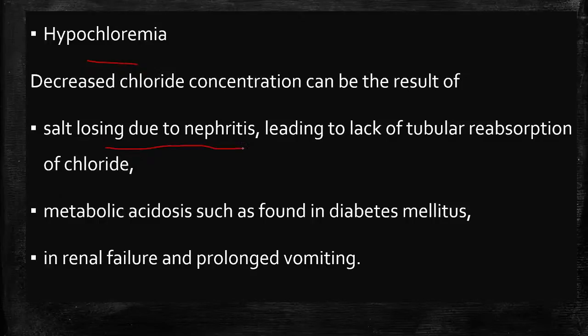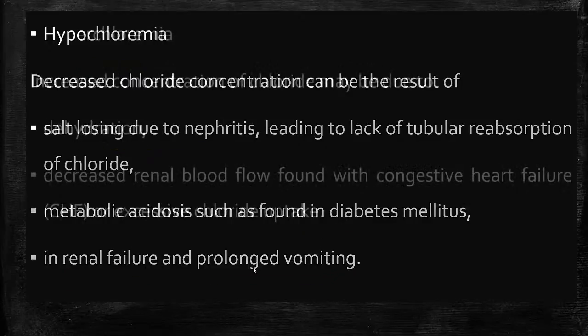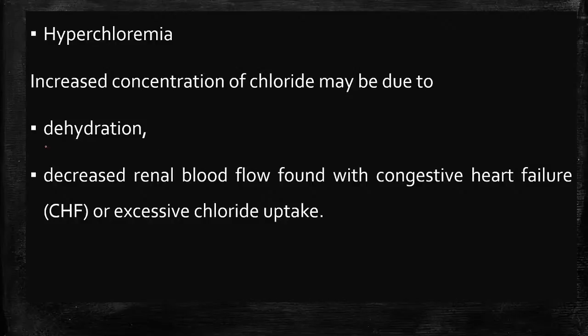So this is due to nephritis, kidney damage, leading to lack of tubular reabsorption of chloride. Metabolic acidosis, so that is found in diabetes mellitus and in renal failure and prolonged vomiting. Hyperchloremia is caused in case of dehydration, decreased renal blood flow with congestive heart failure, or excessive chloride uptake can cause hyperchloremia.